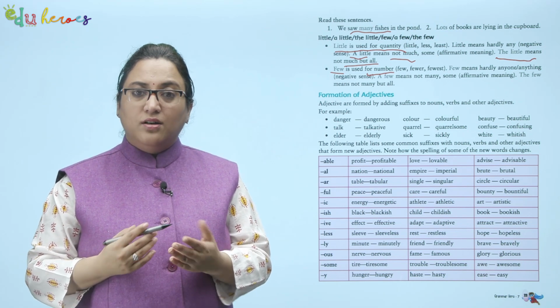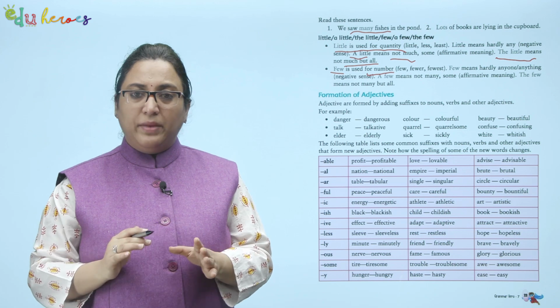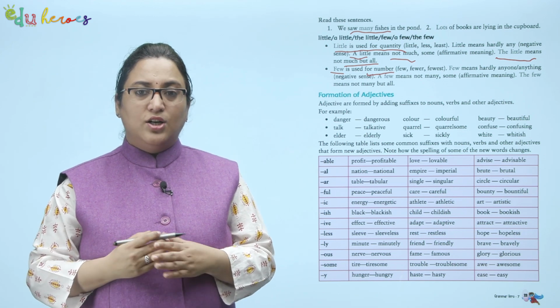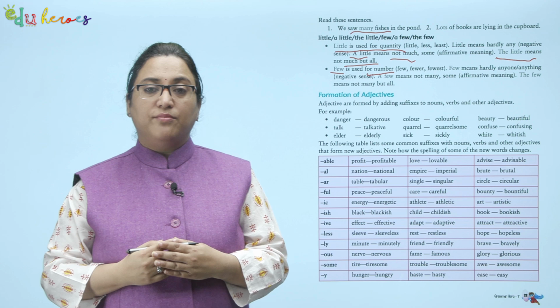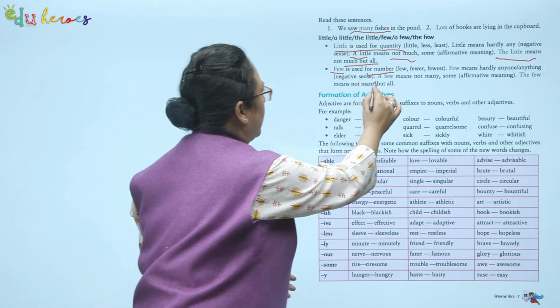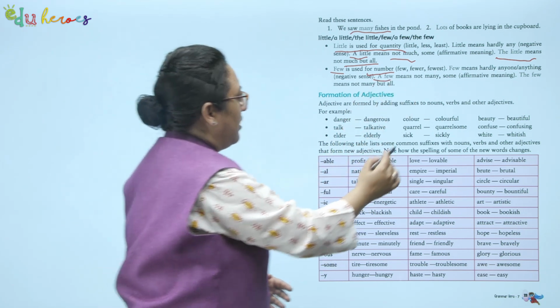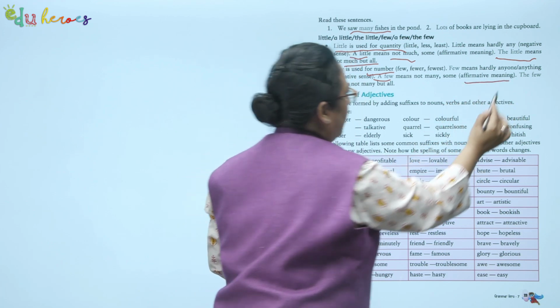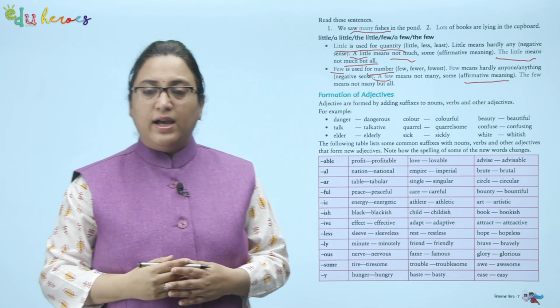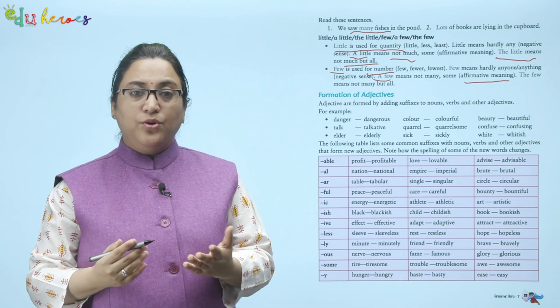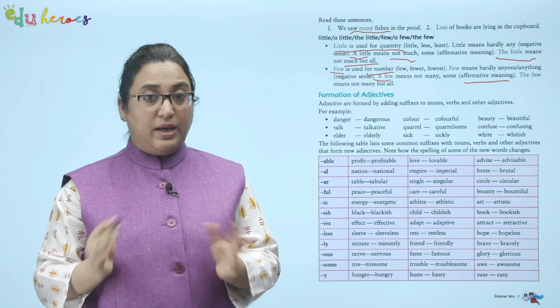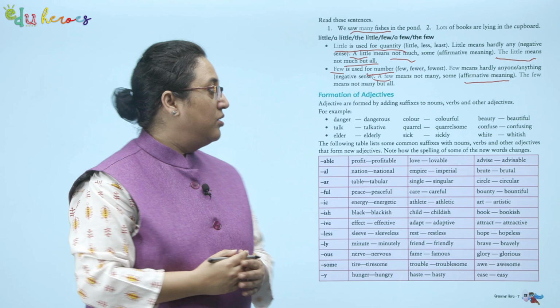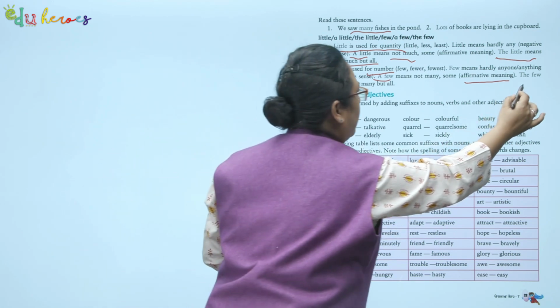A few means not many, only some. But it has affirmative meaning. So this is the second type here. Whereas the third one, the few, means not many but all. So this is the third category.